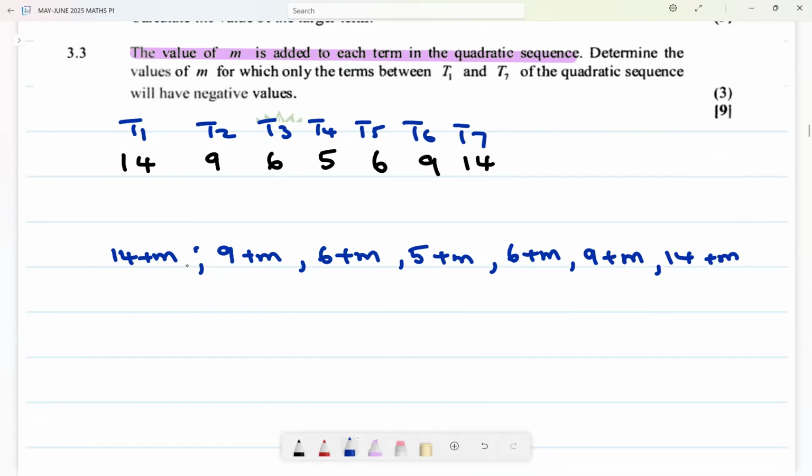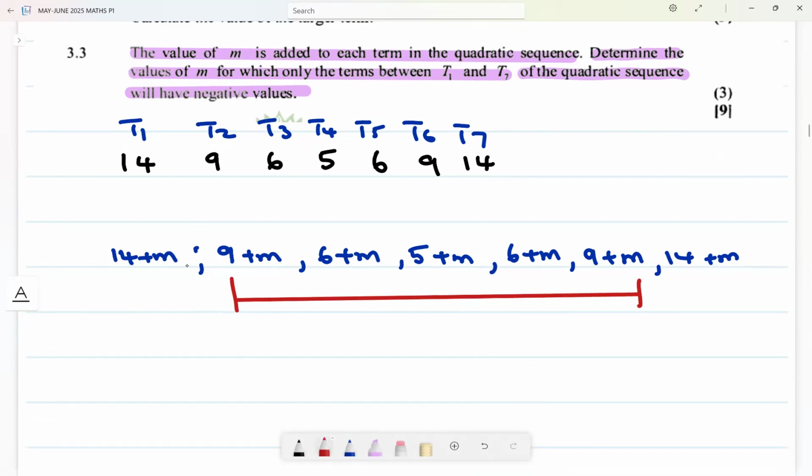Determine the values of m for which only the terms between T1 and T7 of the quadratic sequence will have a negative value. So if this is term number 1 to term number 7, the terms between are these ones.